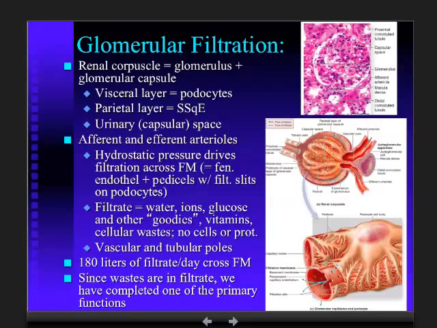And I'm going to do it in equal proportion, water and solutes. And if I do it in equal proportion, then what is the osmolarity of the fluid here, or here, or here?